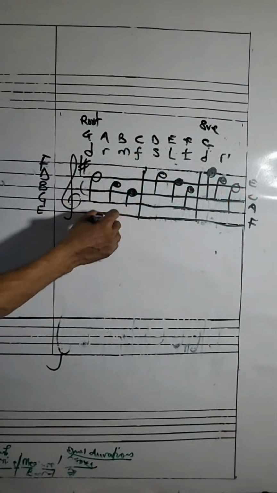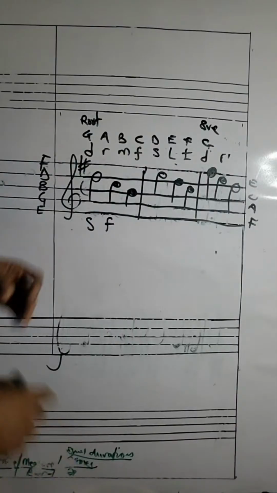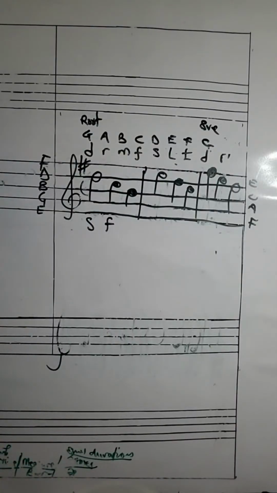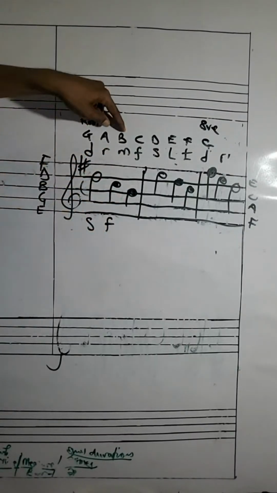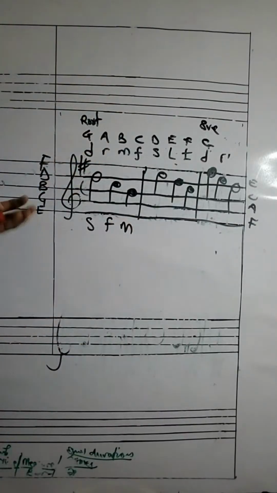My Fa. The next note is on the third line. What do we have on the third line? On the third line is your B. Where is your B here? Your B is Mi. You are done. Very, very simple.